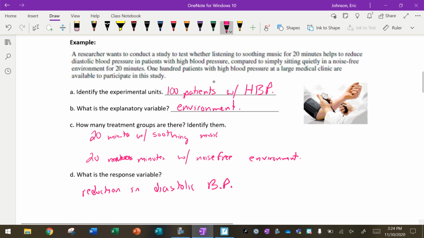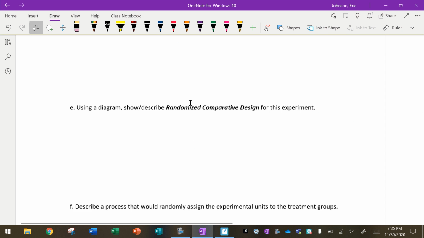Okay, there it is. Helps reduce systolic blood pressure. And in this case, this noise-free environment would act as your control group. This is not really a placebo. You can't give them fake music, so they act as the control group, the baseline comparison group.